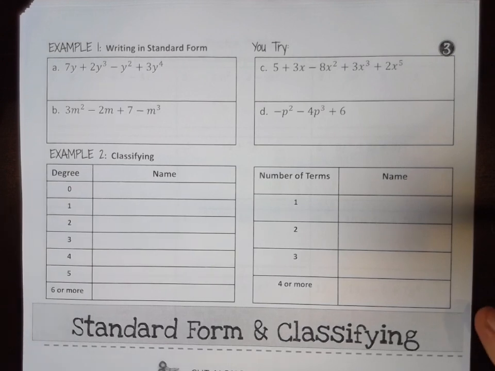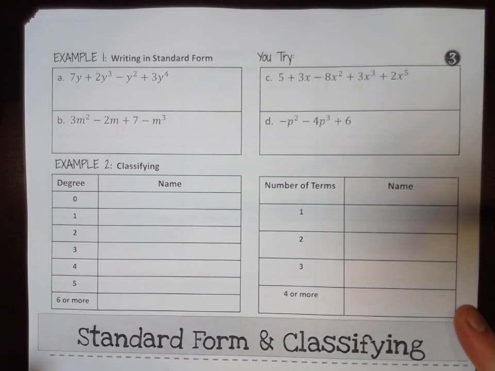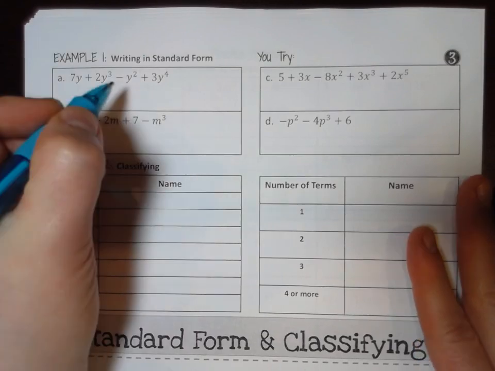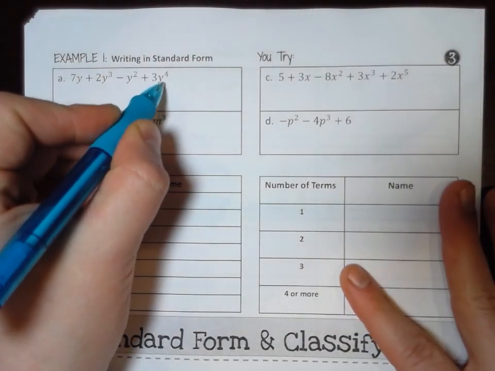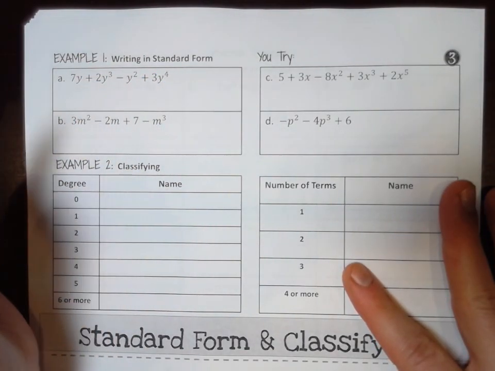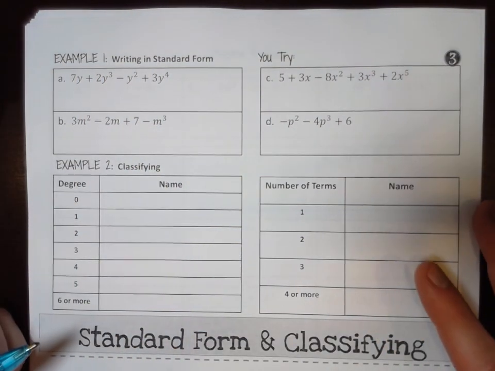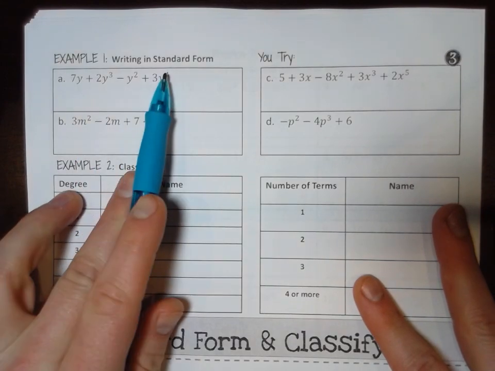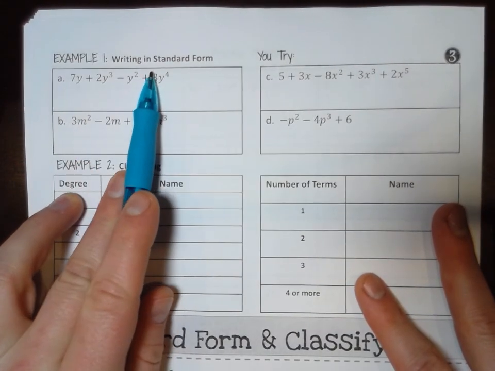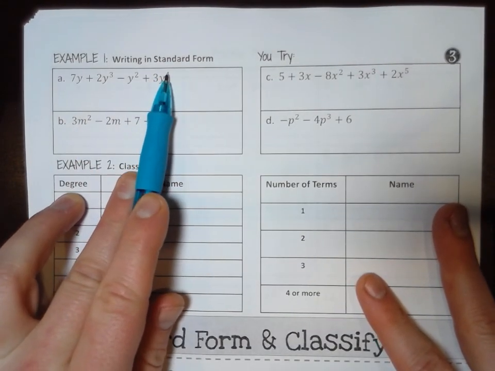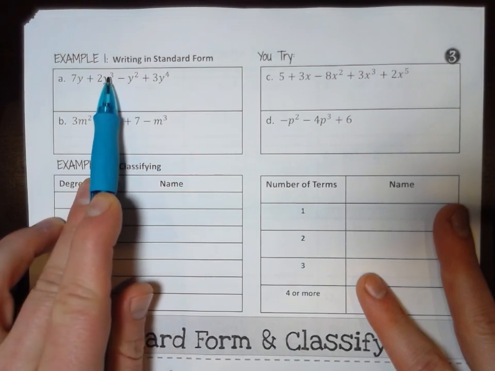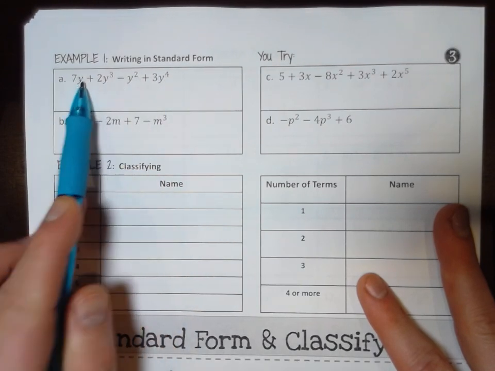So, writing things in standard form, I hope that that's the easy part for you. We're just looking at what is the highest degree. Since these are all y's, that makes this really easy to write in standard form because we don't need to add coefficients within a term. We can just look, here's a 4, here's a 3, here's a 2, here's a 1.